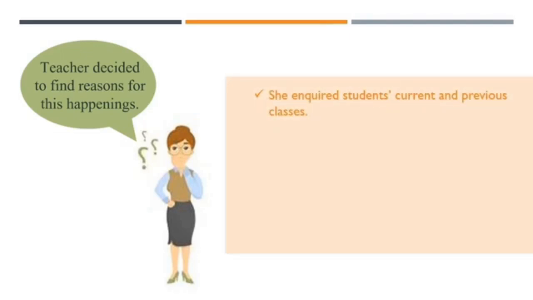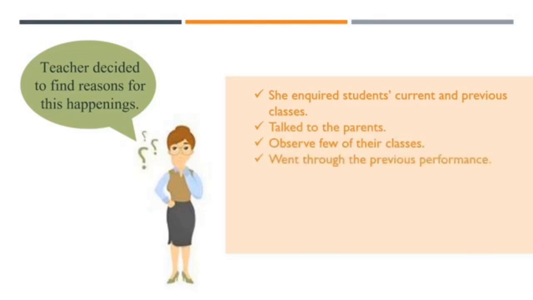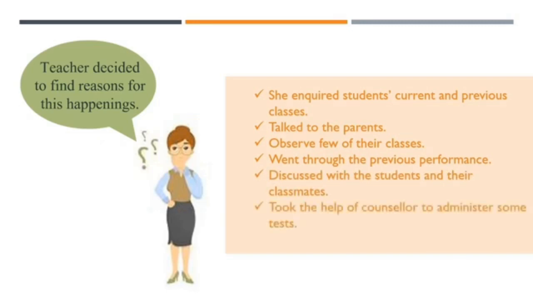For this, she inquired students' current and previous classes, talked to the parents, observed few of their classes, went through the previous performance, discussed with the students and their classmates, took the help of counselor to administer some tests, read literature related to the similar problems.